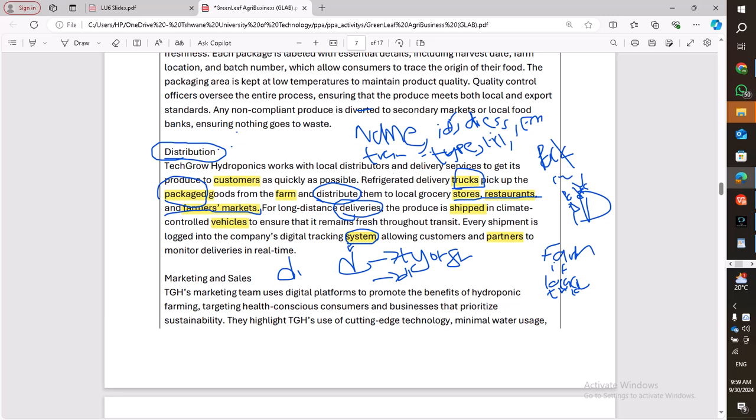And also the refrigerated delivery truck will pick up the package. That means the truck has a relationship with the package. And then goods from the farm. The package has a relationship with the farm and distributors. And then a farm has a relationship with the distributors.